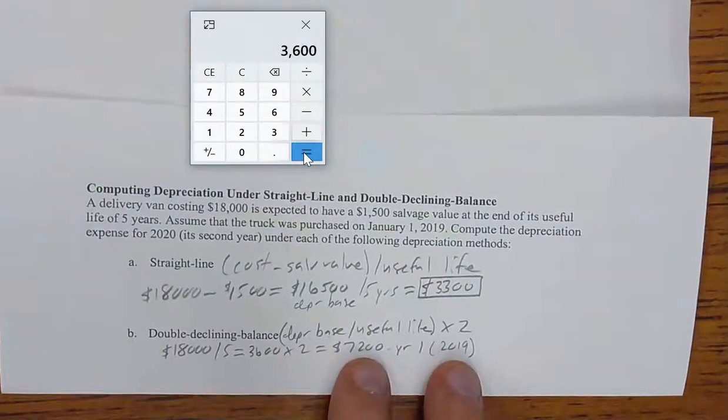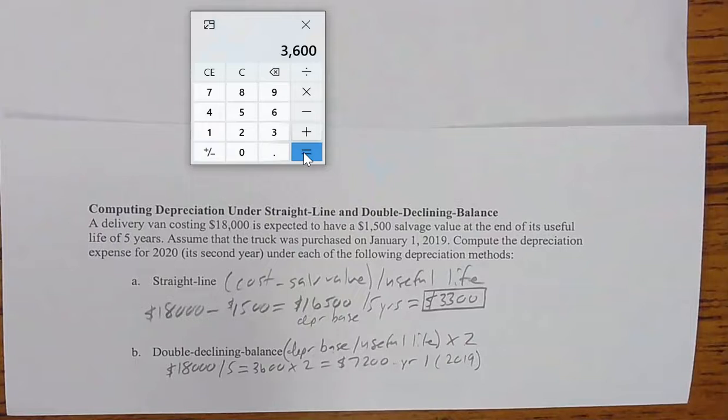For double declining balance, this part of the formula is going to change each year. So what we have to do is come up with a new depreciable base. In year 1, under the double declining balance method, the cost will be the depreciable base.